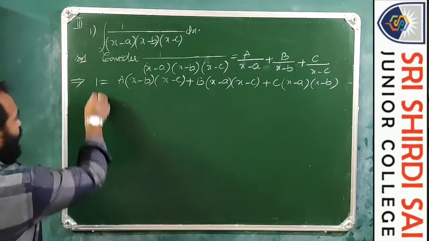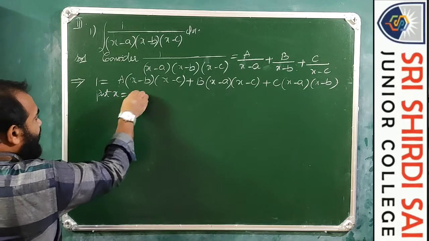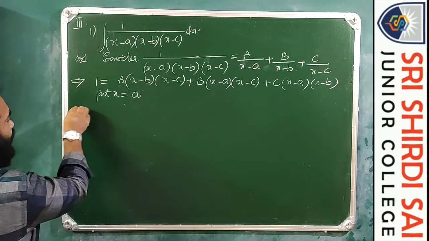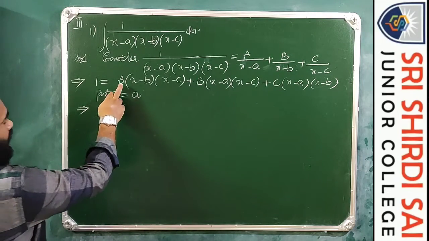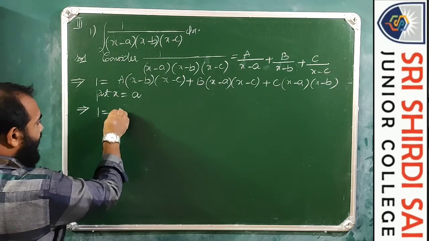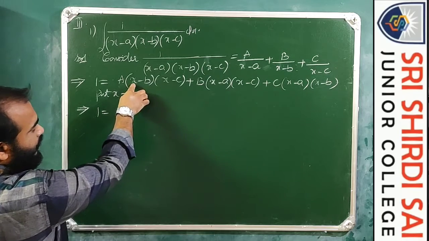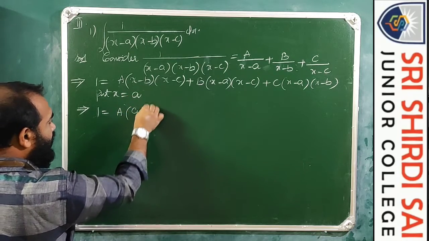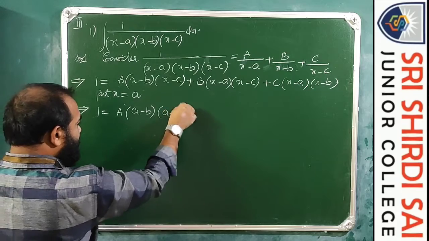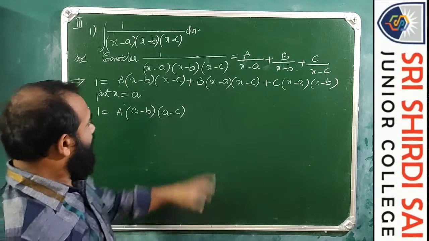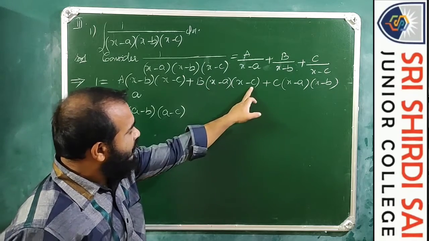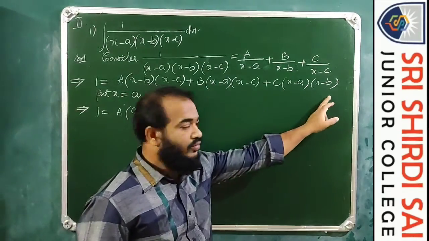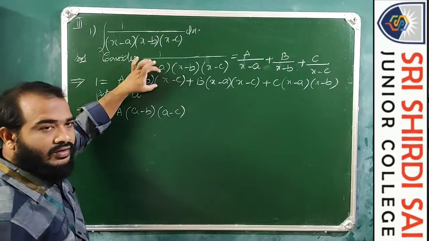Now put x equals a, which implies 1 is equal to A into, in the place of x substitute a, so (a minus b) into (a minus c). On substituting a here, a minus a is 0, 0 into this is 0, here also it will be 0. So we are only left with this first term.